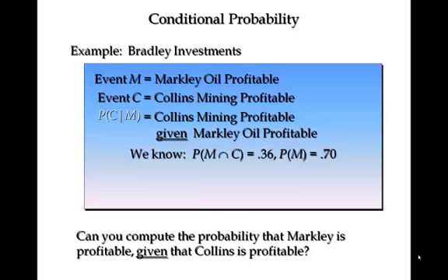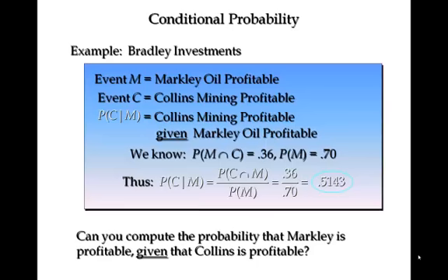We know that the probability that Markley is profitable is 70%. Plug those numbers into the law for conditional probability and we get, which is 51.43%. Can you compute the probability that Markley is profitable given that Collins is profitable?